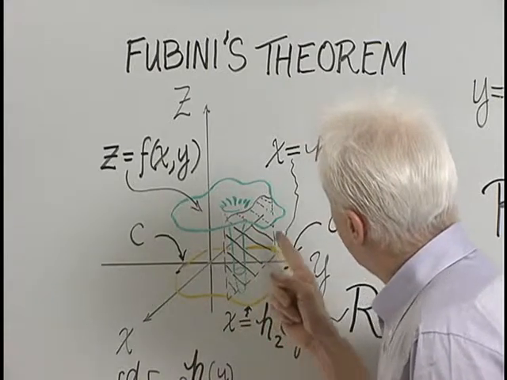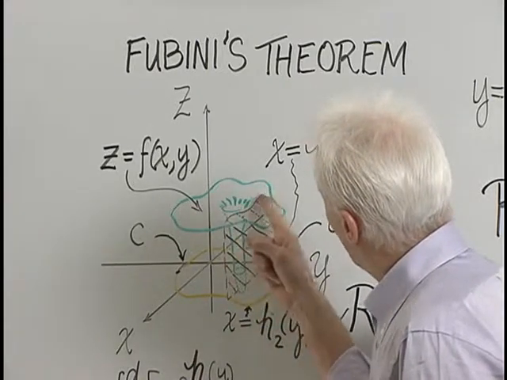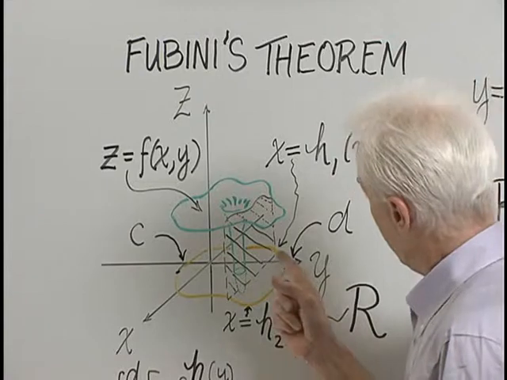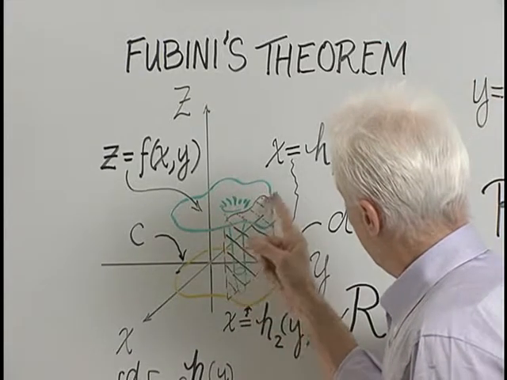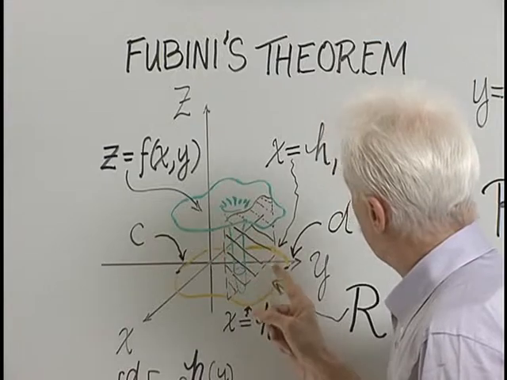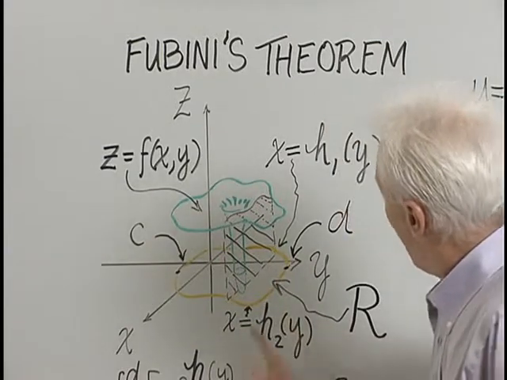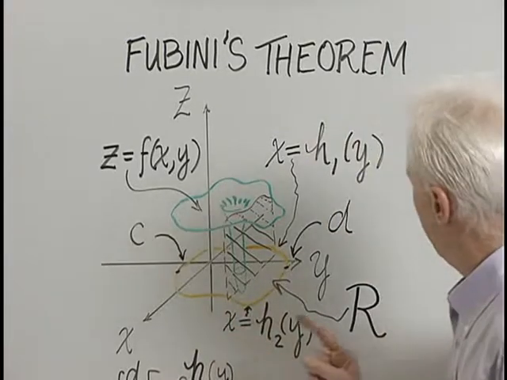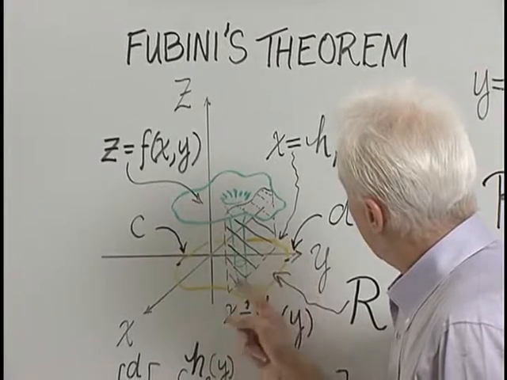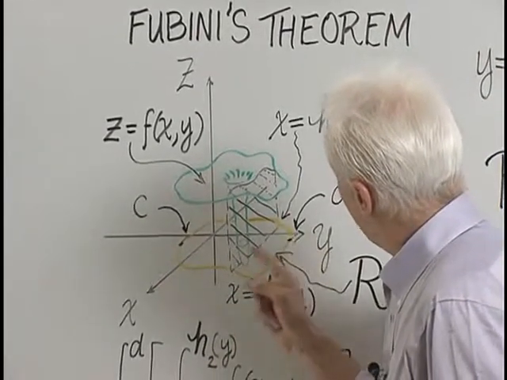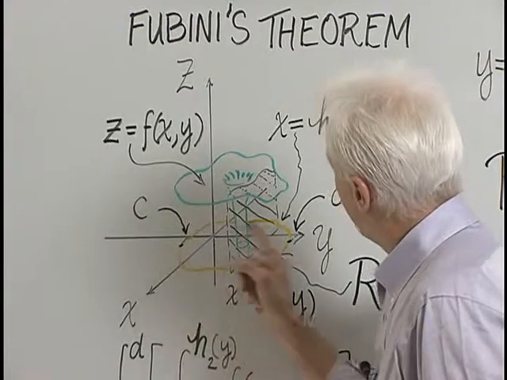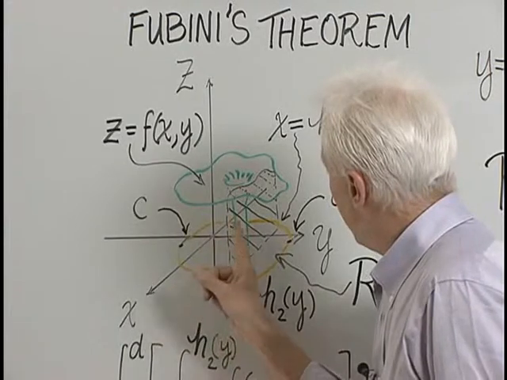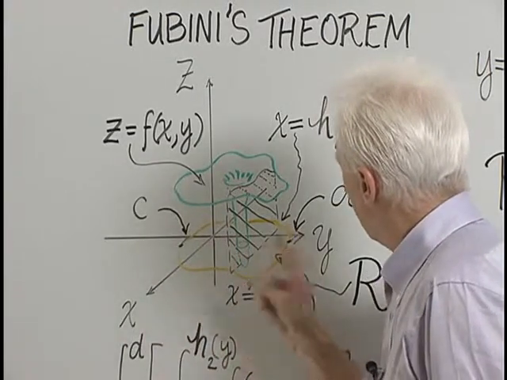So if I hold y fixed, notice for a fixed value of y, as x varies, we get a curve through the surface, and in effect what I could try to do is integrate that function f of xy for y fixed against x, and what I have to do is integrate it from this lower value of x to this upper value of x. Notice that these limiting values of x that I have to integrate between are themselves going to have to vary with y. In other words, if I take a y there, the range of integration for x is different than over here.